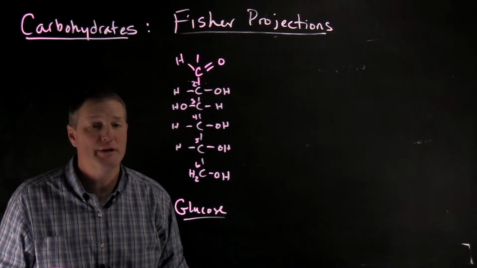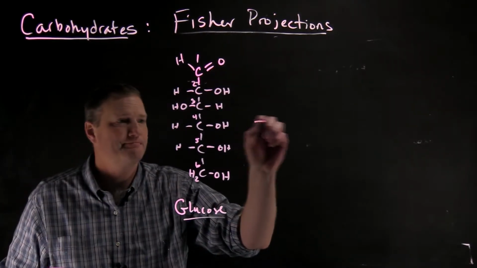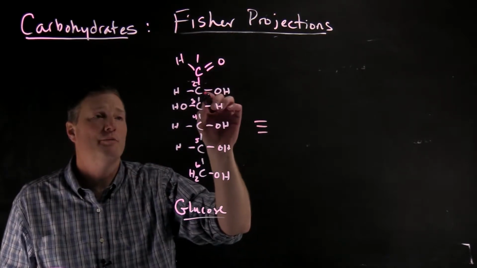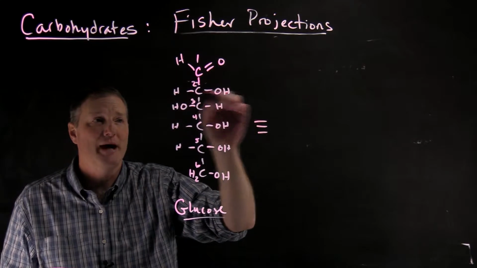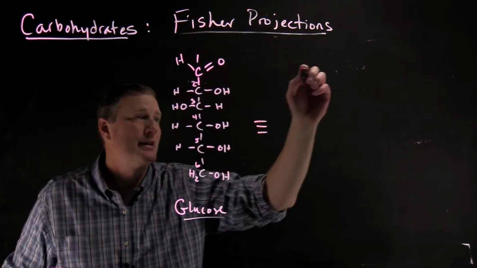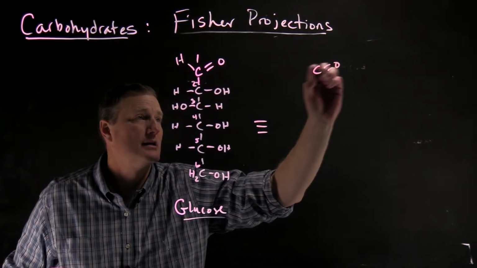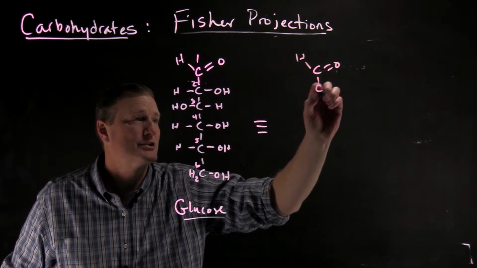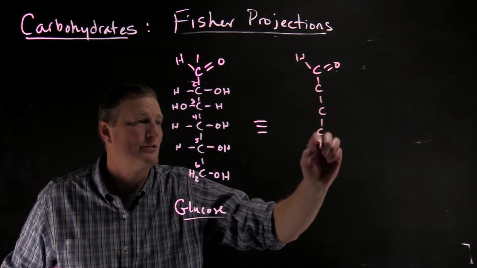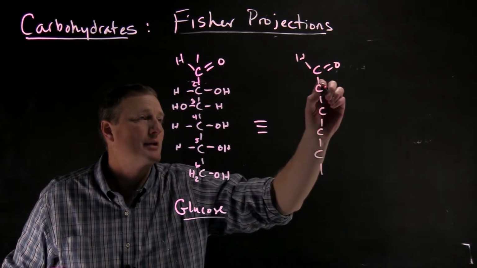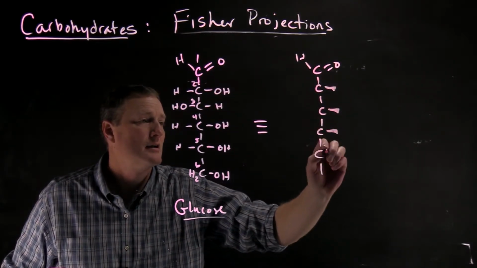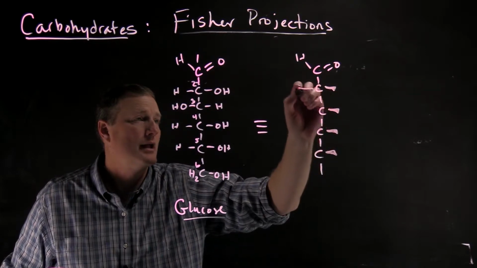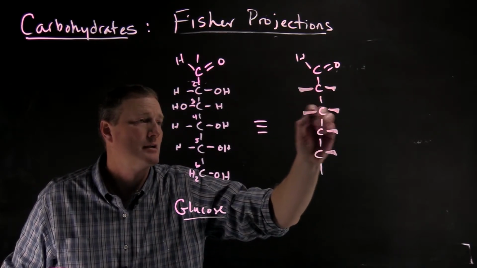If we were to draw the three-dimensional structure of this, we're going to envision all of the vertical bonds coming out towards me. So let me redraw this in this three-dimensional way. I'm just going to draw my chain of carbons first, and then put in wedge bonds here, and wedge bonds over here.